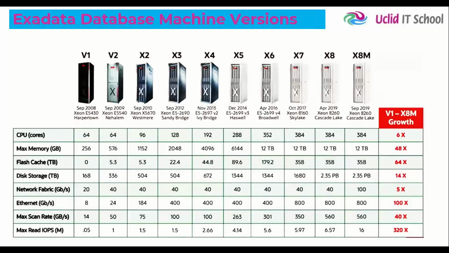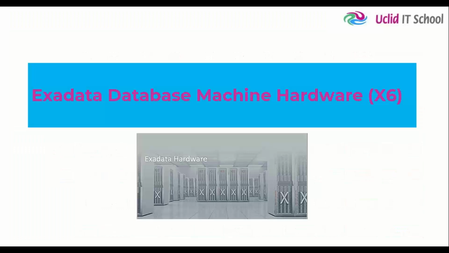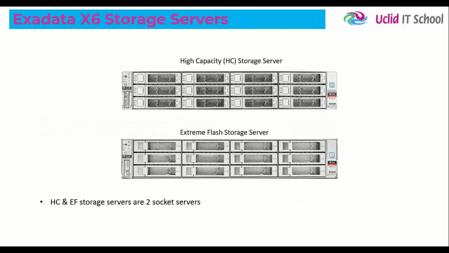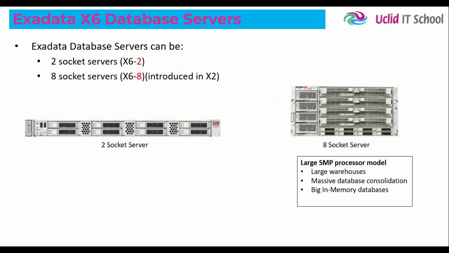Now, because we are going to talk about Exadata hardware, you need to specify the version, X6. If you purchase an Exadata X6 rack, you will get these details. Let us understand X6 hardware. Exadata database servers can be 2 CPU socket servers or 8 CPU socket servers. Carefully understand this.